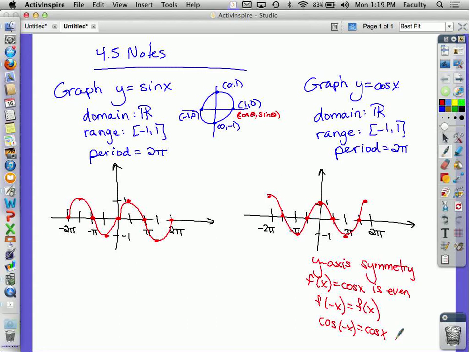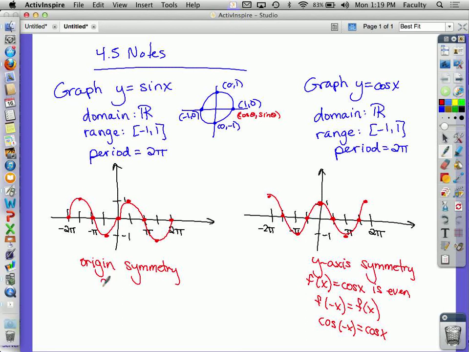So then, all right, let's look back now at sine x. It definitely doesn't have y-axis symmetry. It doesn't have x-axis symmetry, but it does have origin symmetry. Can you guys take your paper and turn it upside down? Do you see the graph of sine x really is the same if it's up or down?